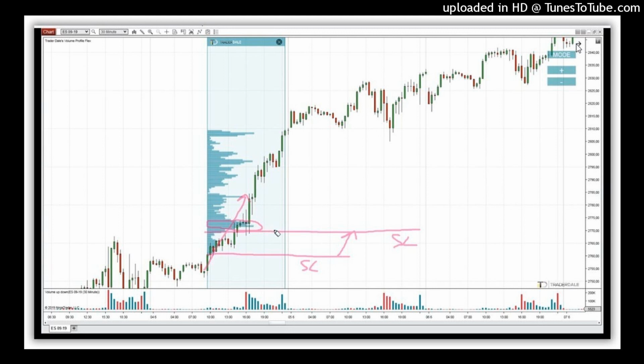Now, for example, in this case, let's say that you went short from there, and the ideal take profit for you based on the volumes would be at this heavy volume peak right there.